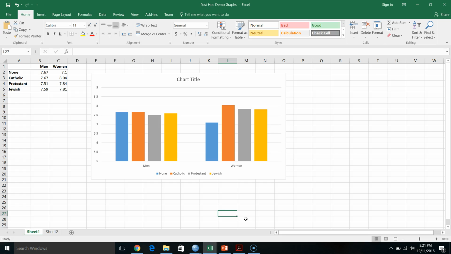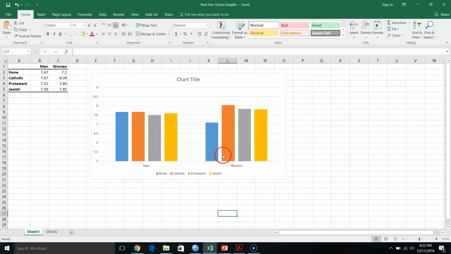However, remember that for our factorial designs, not all 28 of those comparisons are going to be meaningful, right? So what we want to do is determine how many meaningful comparisons could be made in this 2x4 interaction. If we start here and look among our men, we could compare here 1, 2, 3, 4, 5, 6. So among the men, there are 6 meaningful comparisons that could be made across religion.